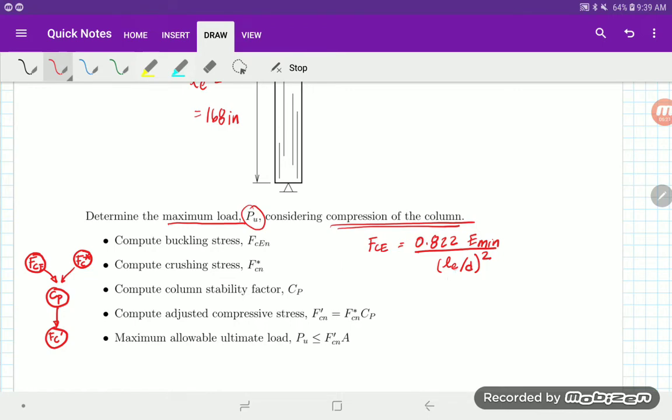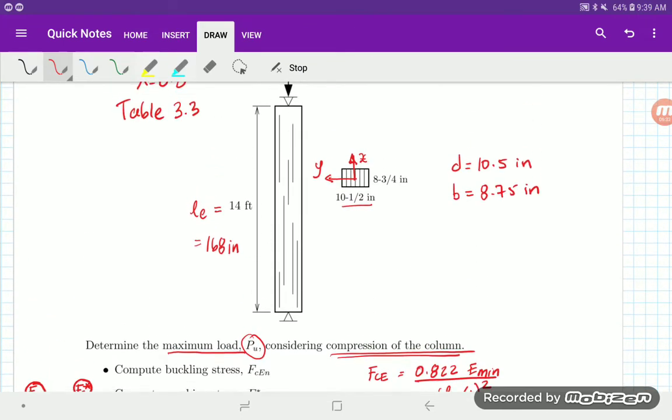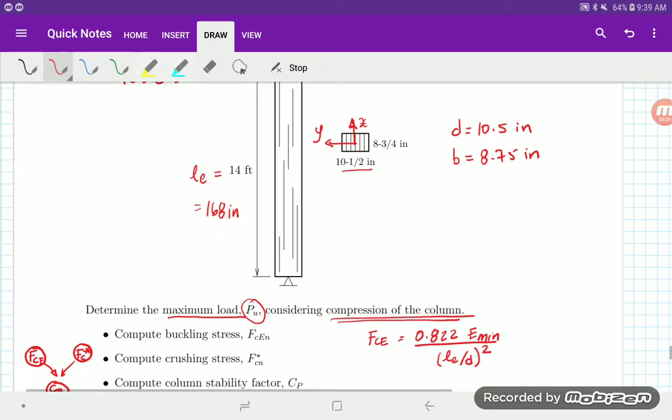And the slenderness ratio is just L sub E over D. In this case, because the buckling length is 14 feet, L sub E is 14 feet, and we want to get the minimum stress that's computed here, the minimum buckling stress.